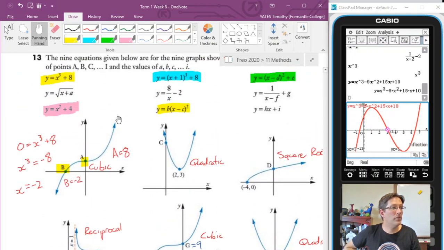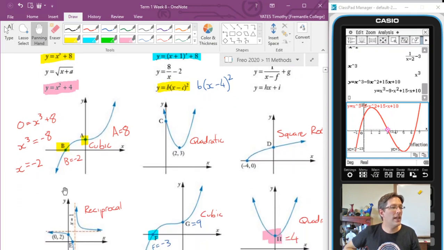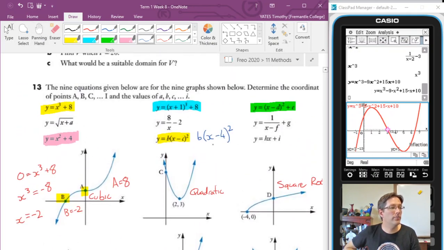So let's go back up to it. It's been shifted to the right by 4, so it'll be b brackets x take 4 all squared. But what happens when x is equal to 0? This is going to be the y-intercept: negative 4 squared is 16, so y is going to be 16b.